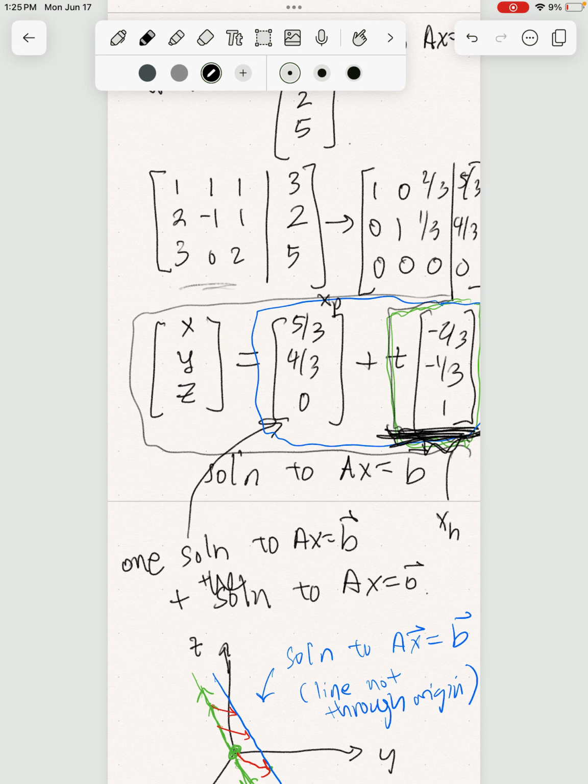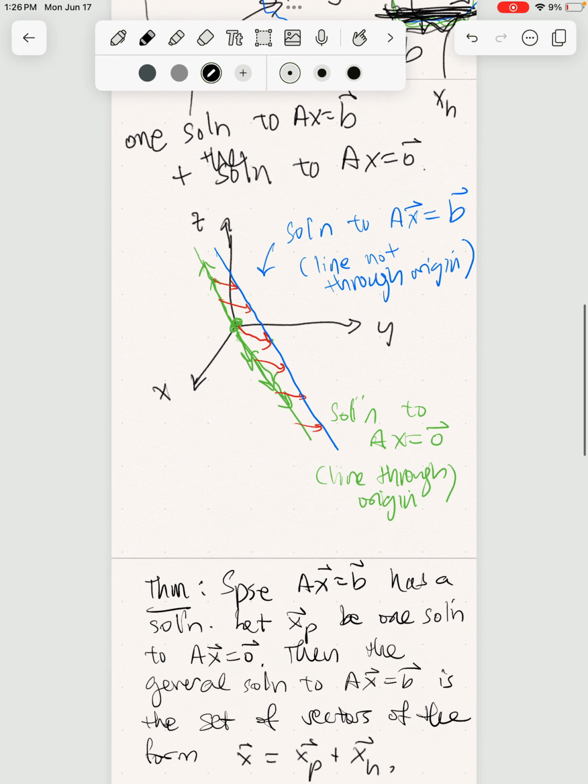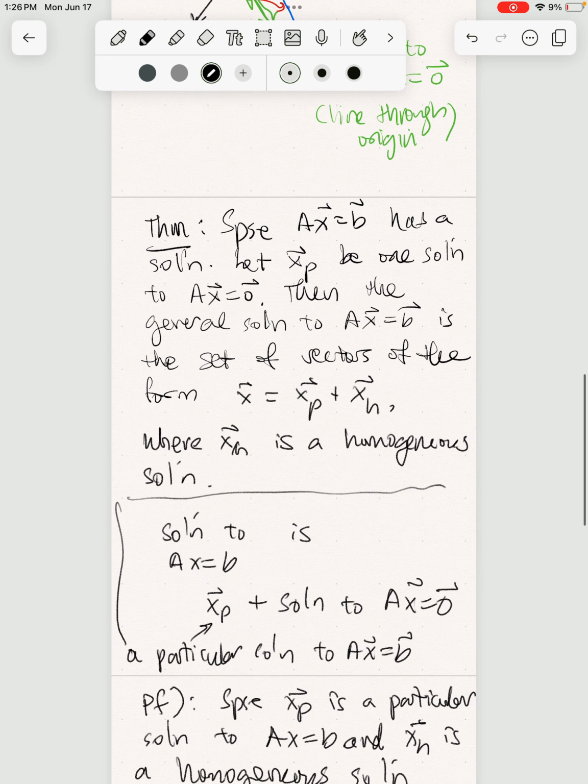It turns out that the xp plus xh's will still be the same. That would be interesting to think about. If you translate the green line by this xp, this red vector, you get the blue line. If you take any solution to Ax equals b and translate the green line by that vector, you still get the same blue line. That's really what the theorem is saying here.